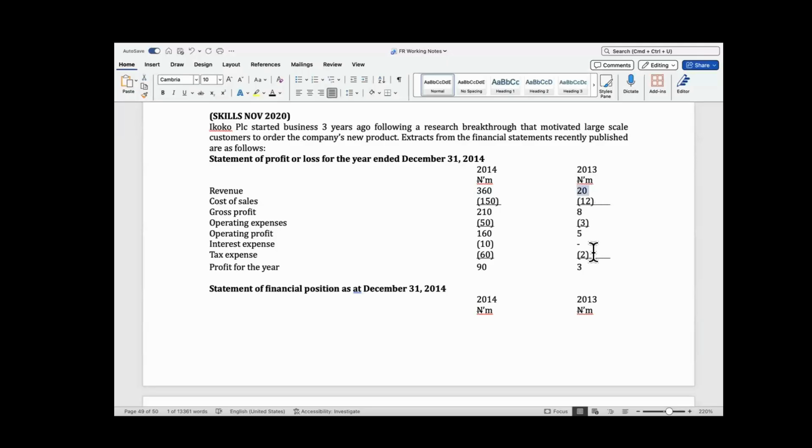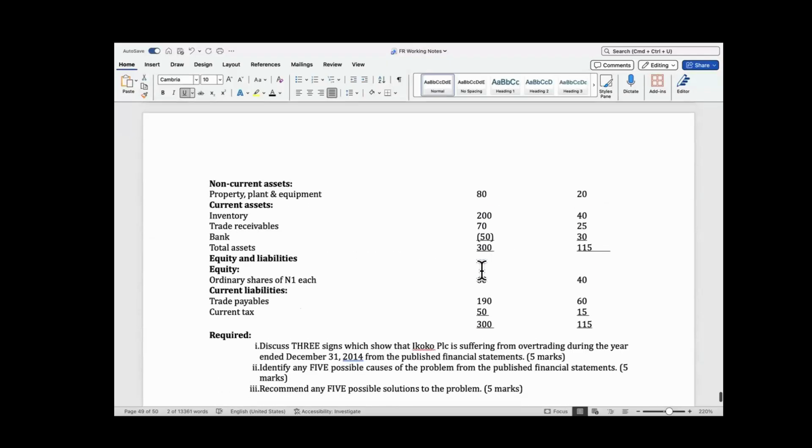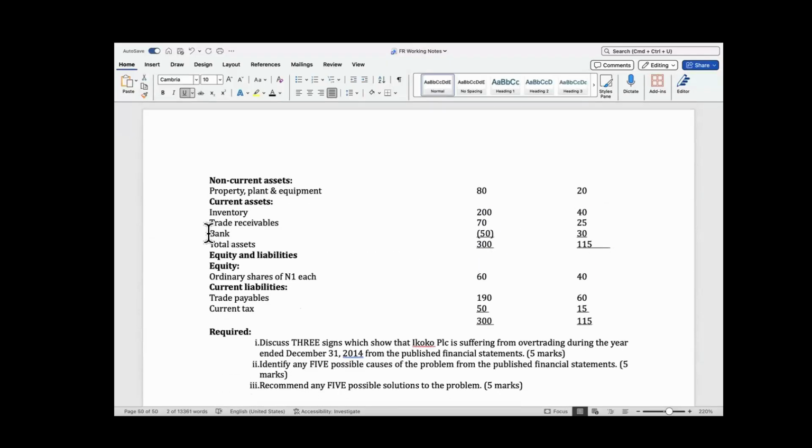And again, if you look at interest, even this operating expense, interest, if you look at these taxes, serious increase. Unfortunately for him, if you look at his bank, this is a sign of overtrading. Negative cash position. Okay. He's holding excessive inventory.